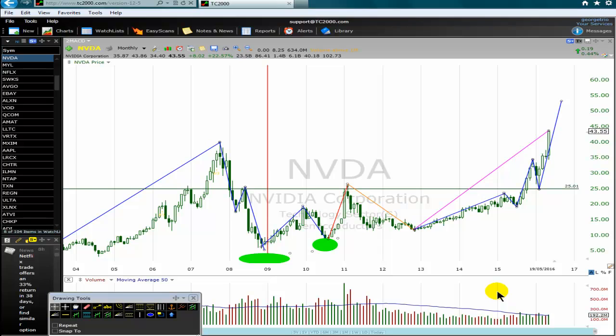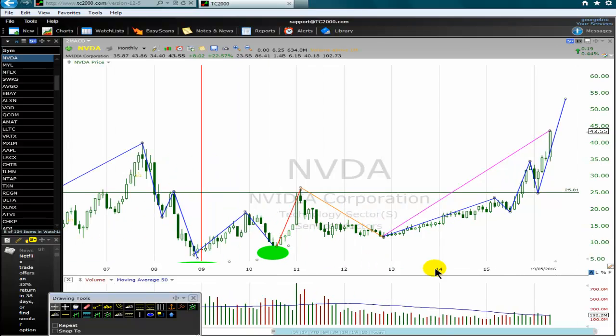So if you look carefully at the internal waves of our supposed to be third Elliott wave, you can say that this is the first Mano wave of the third wave, second Mano wave of the third Elliott wave, okay, third Mano wave of the third wave, and fourth Mano wave of the third wave, and we are now in the fifth Mano wave of the third Elliott wave. Can you see any violation of the wave principle? Look carefully at the internal waves of our supposed to be third Elliott wave. Can you see one? There is one. Can you see? There is one. I want you to see before I say it.